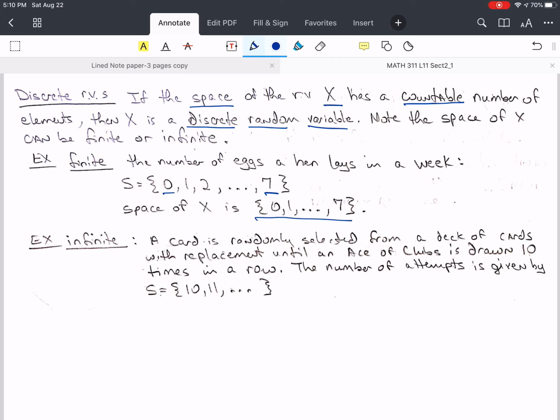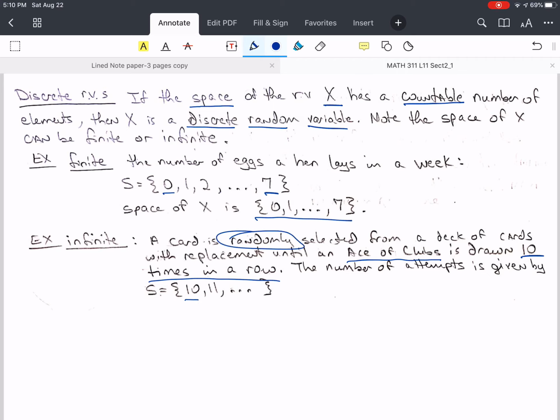Now, let's look at an example of an infinite space. A card is randomly selected from a deck of cards with replacement until an ace of clubs is drawn 10 times in a row. So the number of attempts we're going to have to take is random.